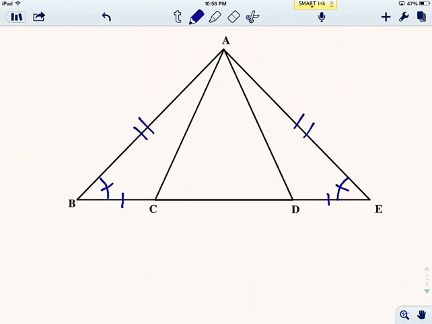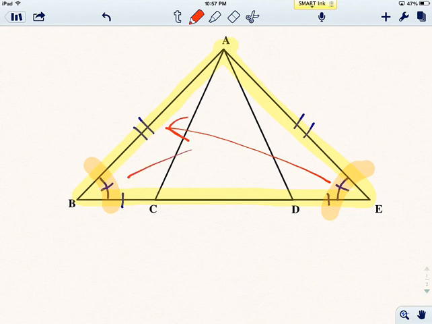Well, I noticed that I've got two angles, and this is one of those tricky ones where I'm actually going to talk about some bigger triangles. If I look at this big triangle, I see that this big triangle is isosceles because whenever I have two angles that are congruent to each other, then I know that the triangle has to be isosceles, and therefore the segments across from those angles also have to be congruent.